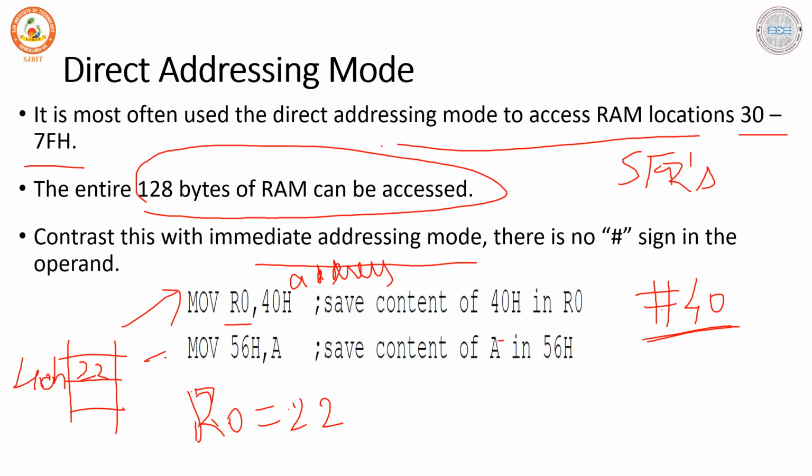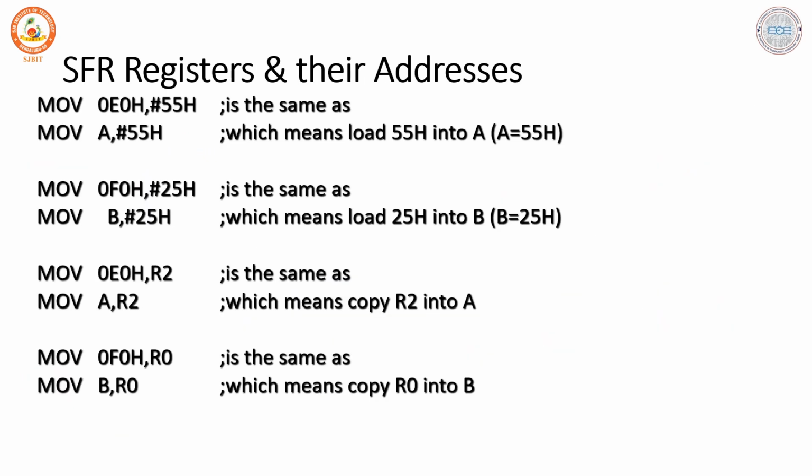Similarly, we have one more instruction, that is MOV 56, A, where the content of the accumulator will be stored to the address location 56. So 56 is not preceded with a hash. The address field 56 will have the content of the accumulator. So no need to get confused between the immediate addressing mode and the direct addressing mode.